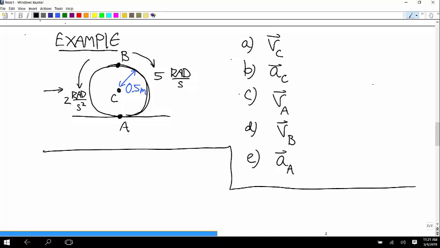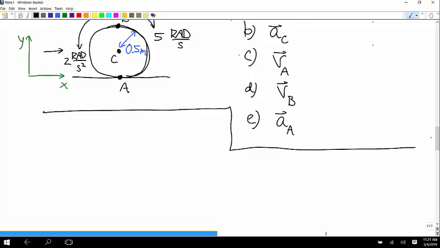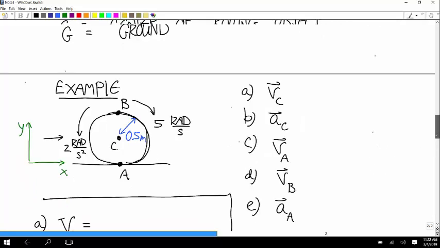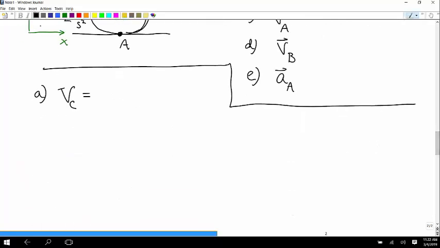So if I'm using the usual coordinate system, for part A, the velocity of the point C is going to have a magnitude of omega times r, absolute value.